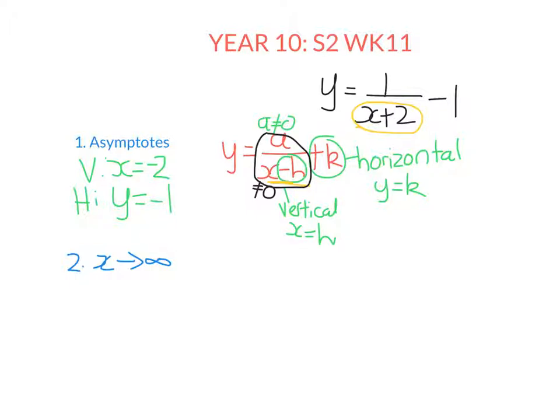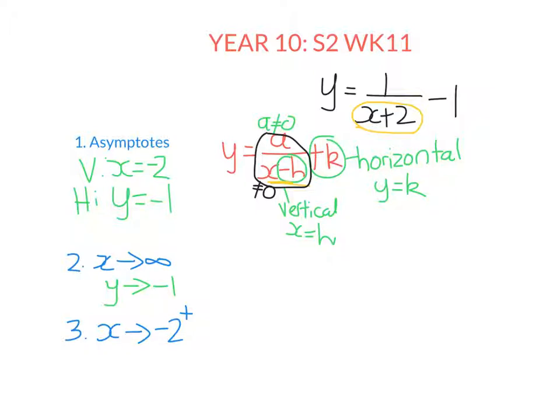So as x approaches infinity, what will happen to y is this part will get closer and closer to 0, but it'll never actually equal 0. So y will get closer and closer to 0 minus 1, which is minus 1. In other words, y is getting closer and closer to its asymptote. So y will get closer and closer to, but never actually equal, minus 1 as x gets larger.